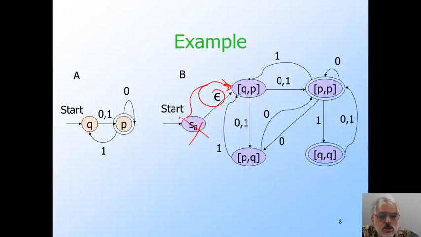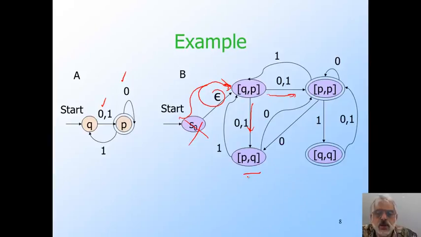We see there are transitions to P from both P, which is this, and from Q. It's that. Thus, QP goes to PP and to PQ on input 0. That's these two transitions here.